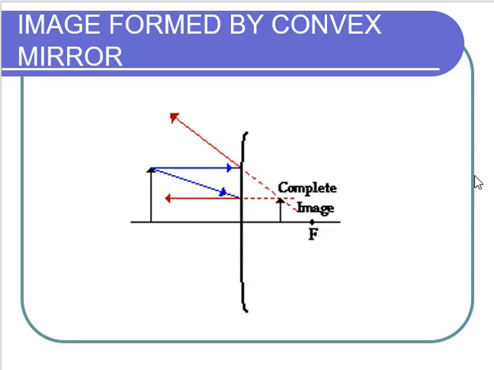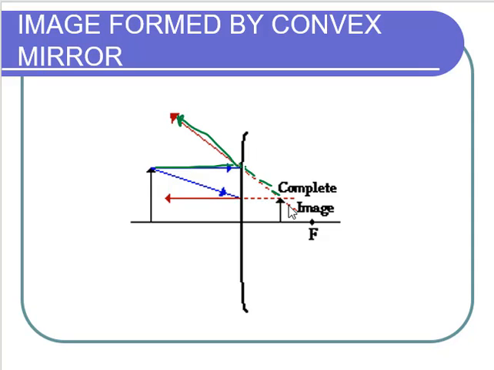Okay, for this one, only two rays are also used, just like in the concave mirror, wherein we can just use the ray parallel to the principal axis and then passing through F, and then a ray passing through F, then reflected back parallel to the principal axis. But this time you can see here, let's complete it. We have here the ray 1 and it's parallel to the principal axis, but it's diverged.